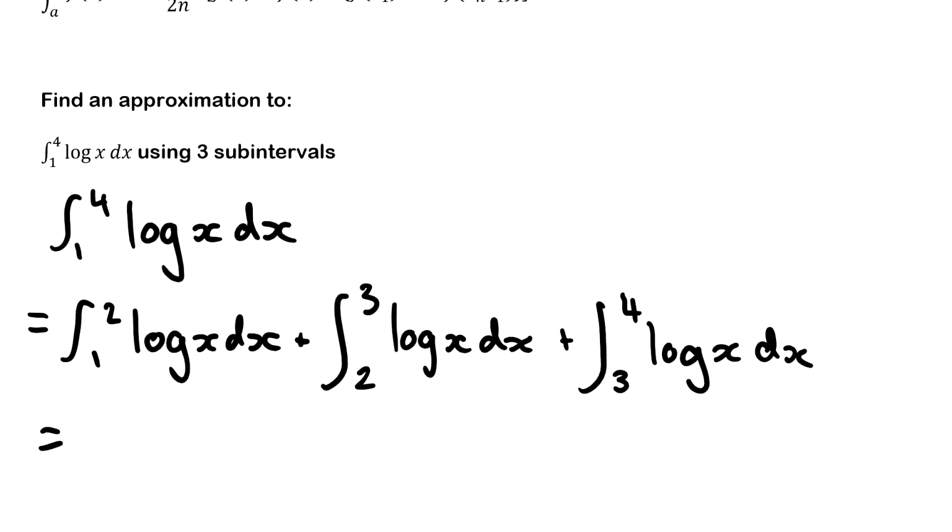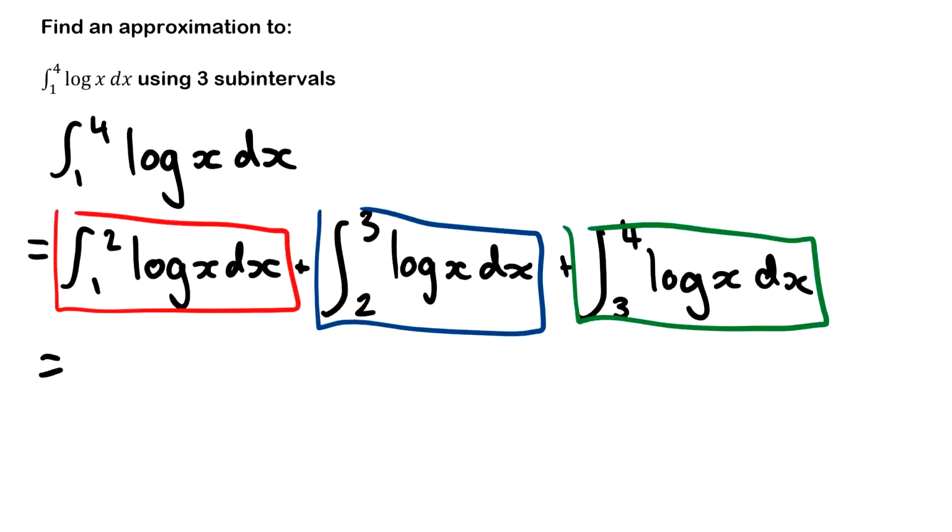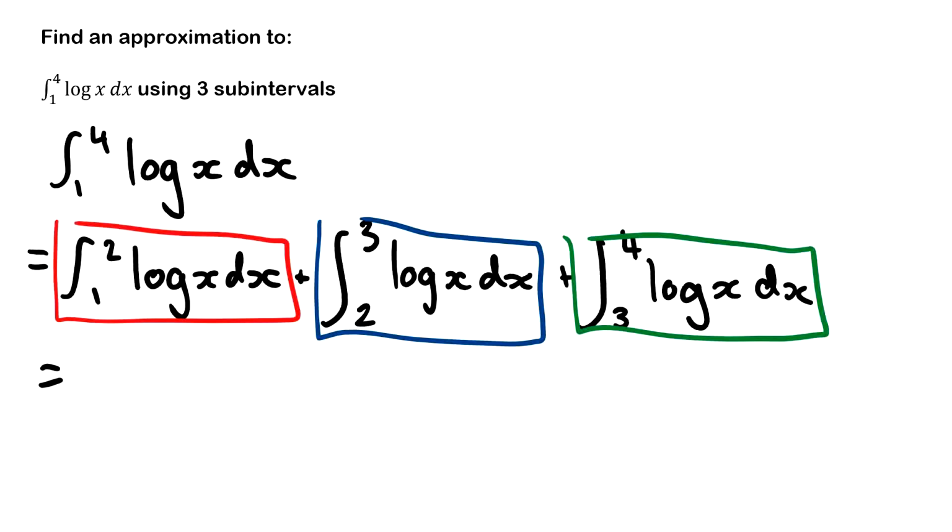In this case, I'll break it up into colors. Our middle one will be blue, and our end one will be green, so you can see what's happening. For the first one, we use the trapezoidal rule, and we get 1 over 2 times function 2 plus function 1.